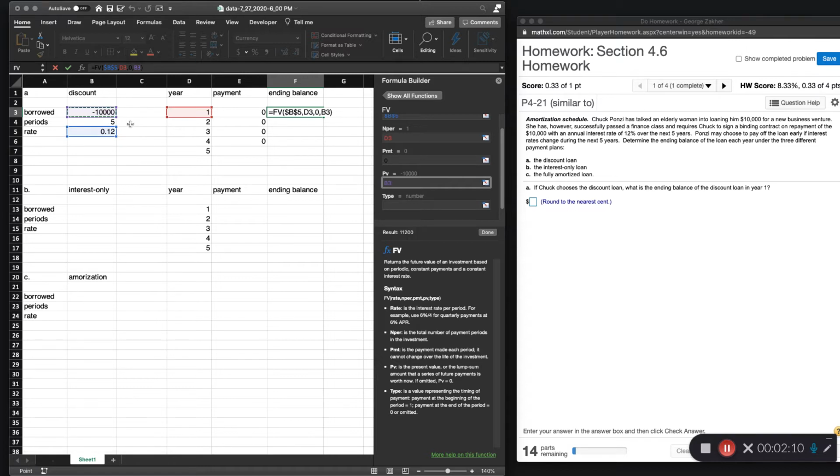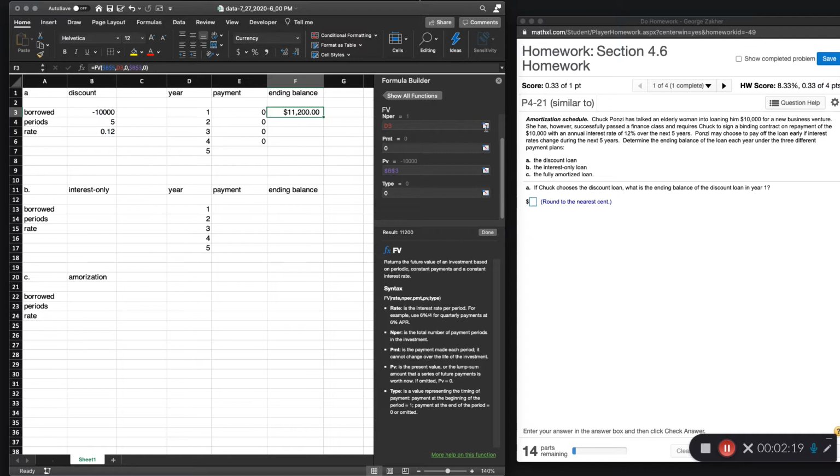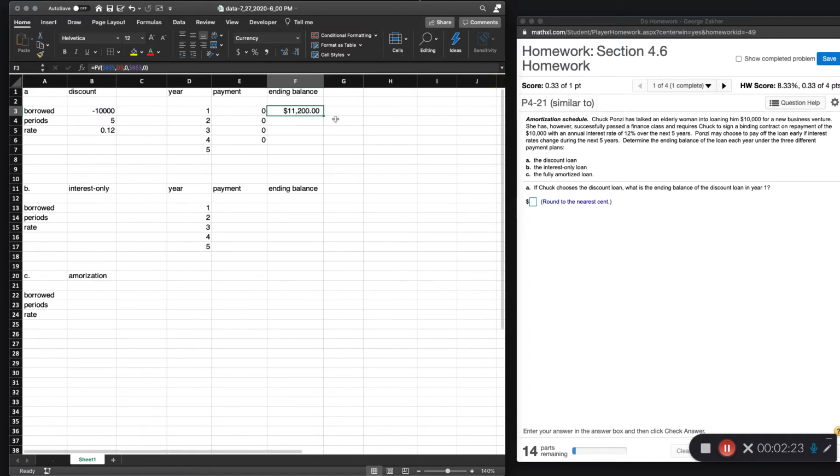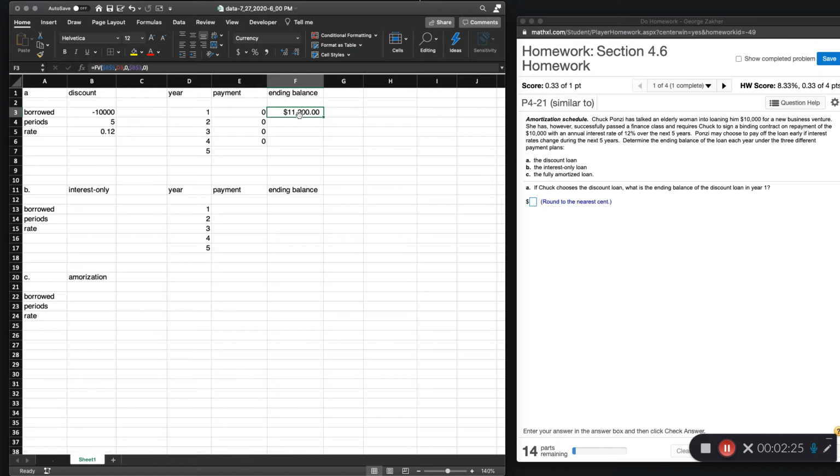And finally, because it's an ending balance, we're going to use our type 0.